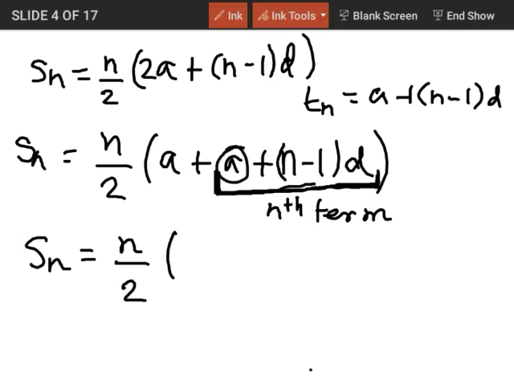Similarly, a is the first term and d is the common difference I considered here. In most of the books, the last term, the nth term, is denoted by L. So this is also nothing but a plus L. L here represents the last term.